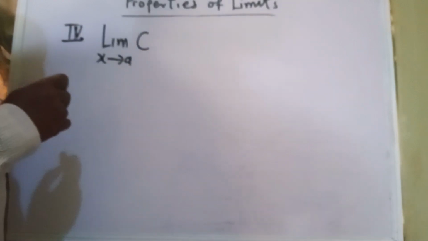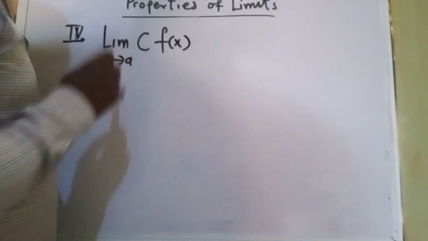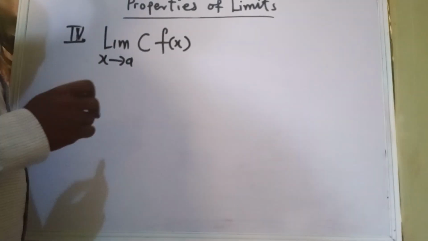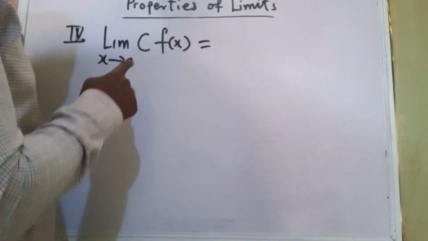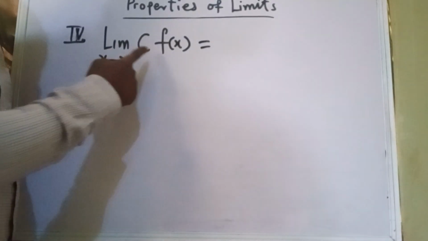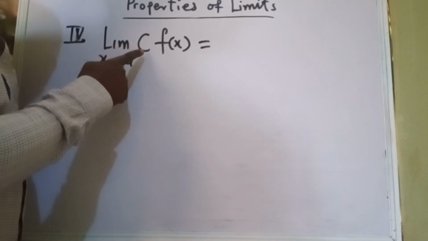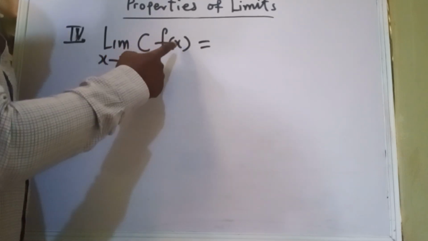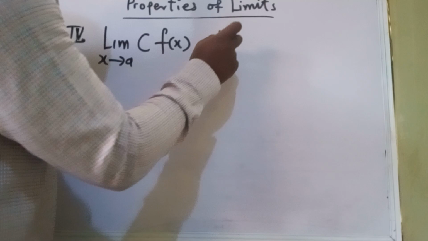The next one is referred to as the scalar multiplication. If you have a scalar or a constant c multiplying a function f of x, again if you apply property 3, this limit will operate on this and it will also operate on this. So we have this.